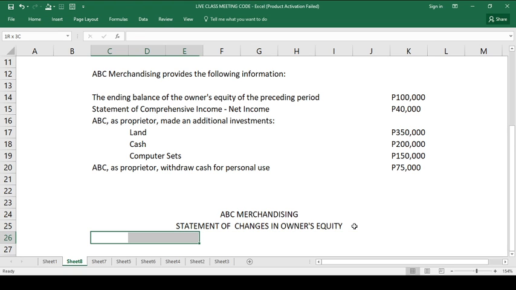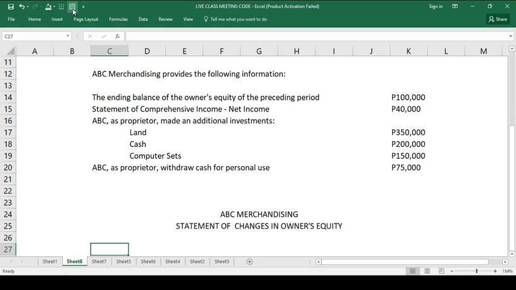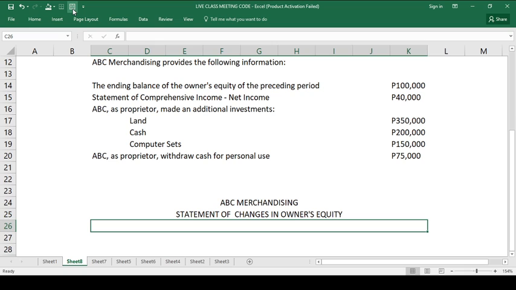After that, considering that we are going to prepare this statement, we need to determine for what period. Same with the statement of cash flow, we still use for the month ended, for the quarter ended, for the year ended. Assuming that this report is for the year ended, we will write for the year ended December 31, 2020.